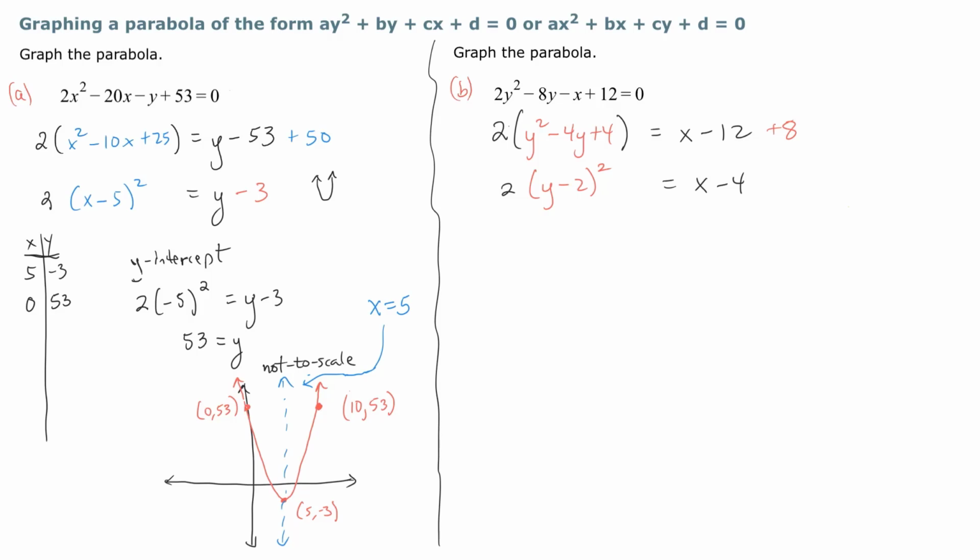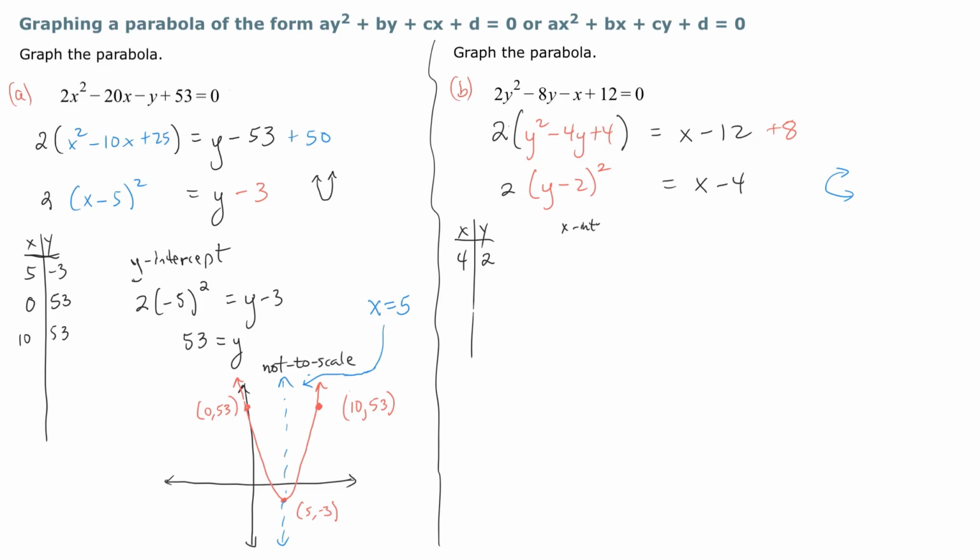Once again, label your vertex. Your vertex is (h, k), so it's (4, 2). And this parabola is going to open to the right. So that means there's very likely going to be an x-intercept.